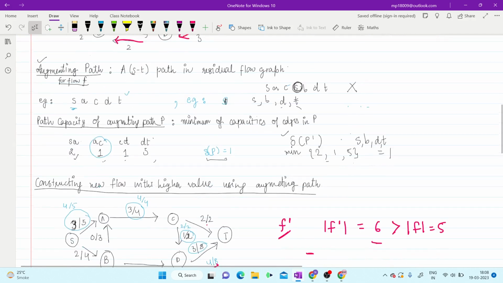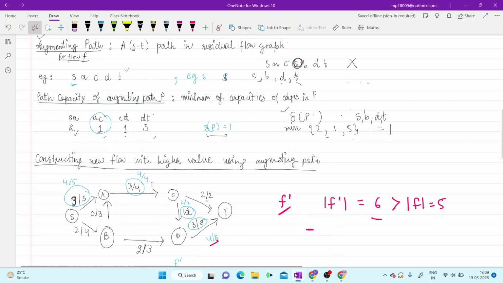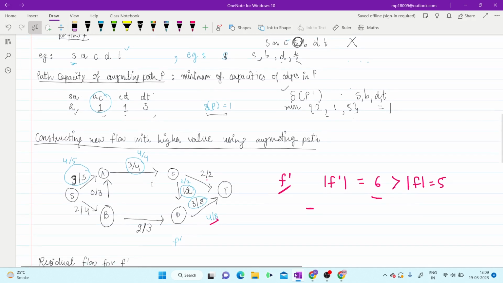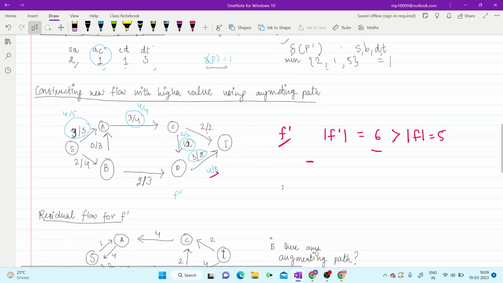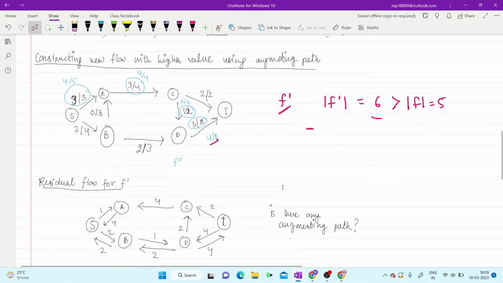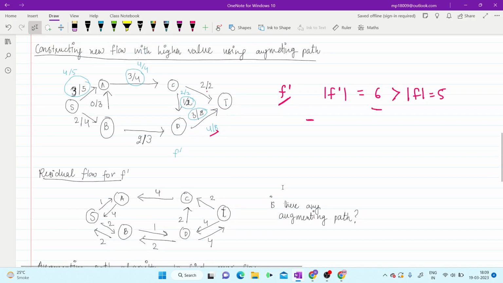So when we are constructing a new flow, to all the forward edges appearing in the path we add the path capacity, and to all the backward edges appearing in that path we subtract the path capacity. We construct a new flow in that manner. So now is it clear?